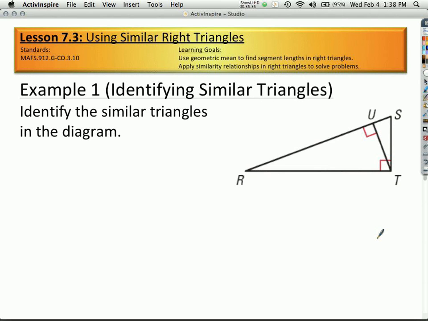Start at the right angle so we stay nice and organized, always looking for the right angle. So the big triangle starts with the T. That's the right angle. And now either go along the longer leg or the shorter leg. It doesn't really matter, but pay attention to which way you go. So I'm going to go T, R, S for whatever reason. So I'm going from the right angle along the larger leg, along the hypotenuse.